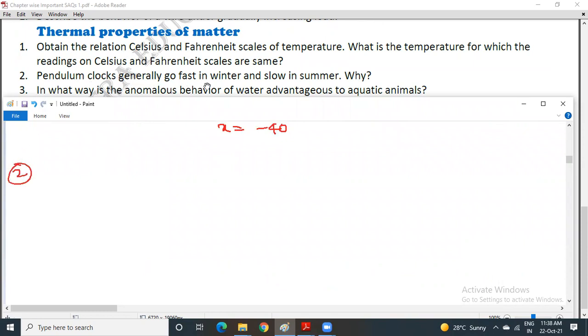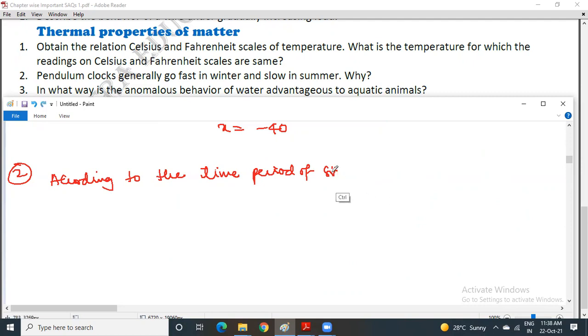Pendulum clocks generally go fast in winter and slow in summer. Why? According to the time period of a simple pendulum, this answer you learn in long answers.